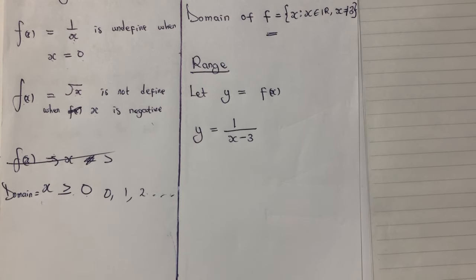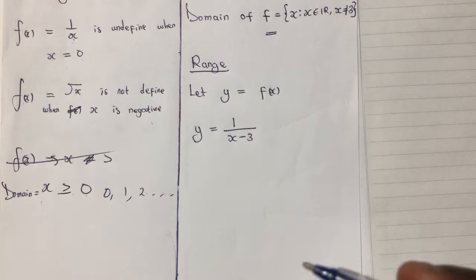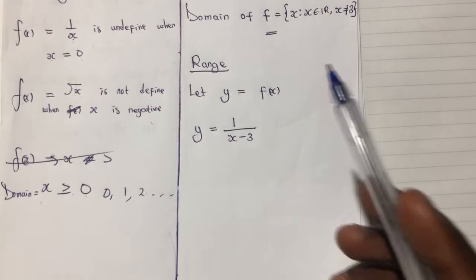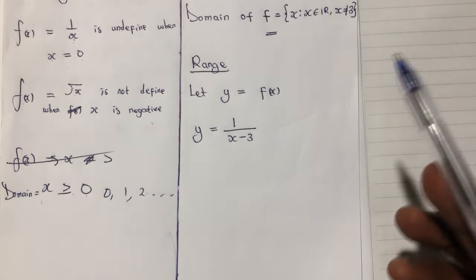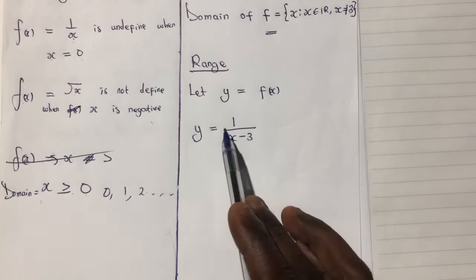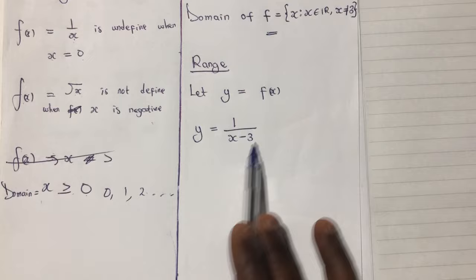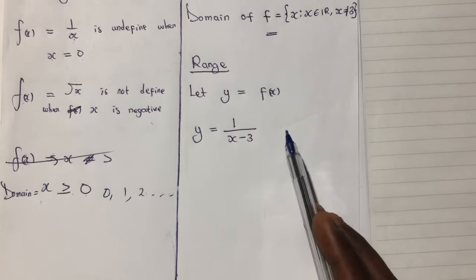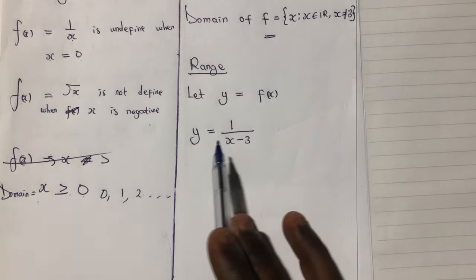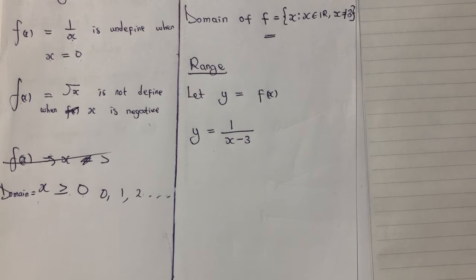I said that the basic step is that to find the range, you equate the function given to you to y. After doing that, you find the inverse of the equation, the inverse of f of x, with the help of the new equation we have formed. Now the third step is to equate the denominator to 0 to find out the value that will make the equation what?